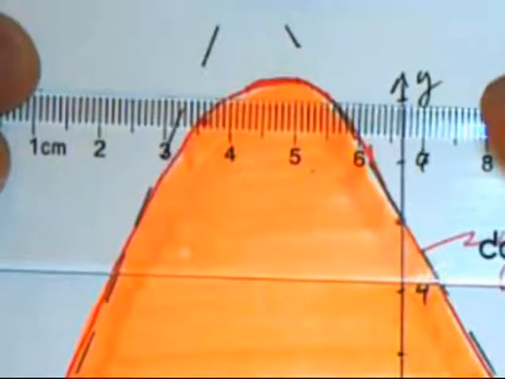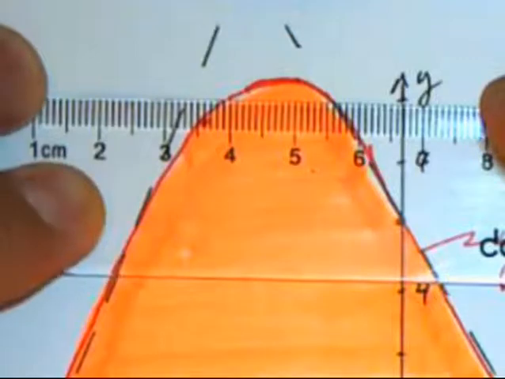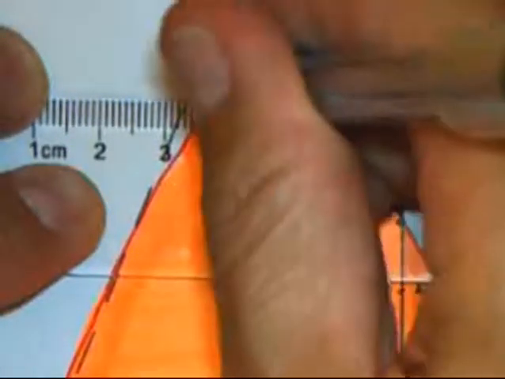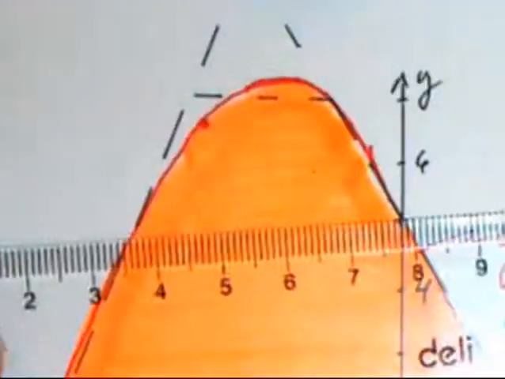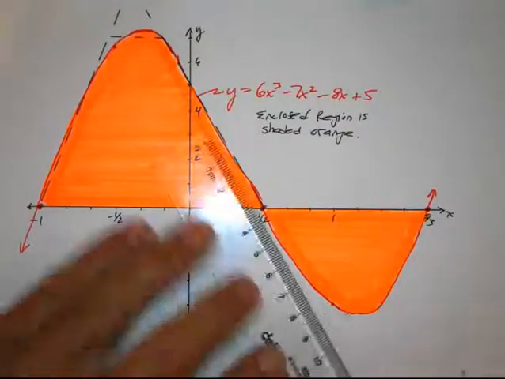Of course, it's just a visual approximation. It's not really exact, but the better it is, the better the estimate. Okay, maybe about there. Okay, this section looks like a trapezoid would work here as well.